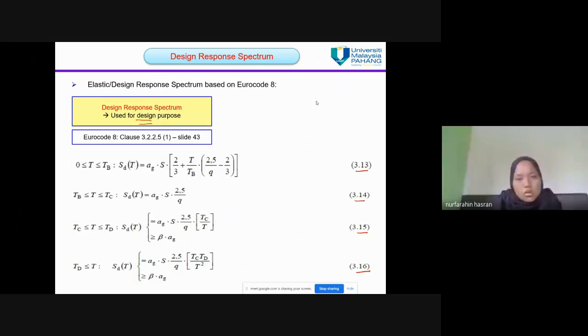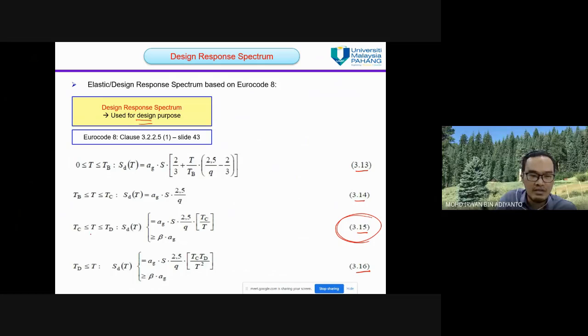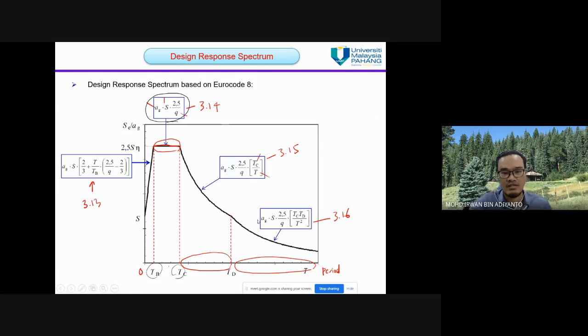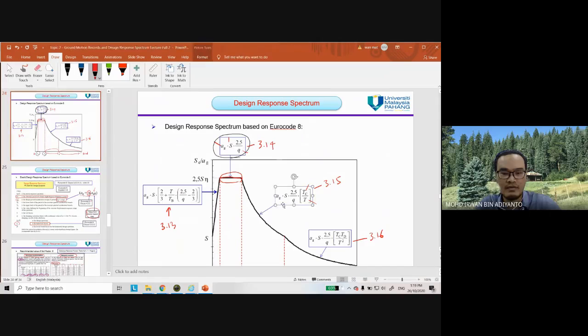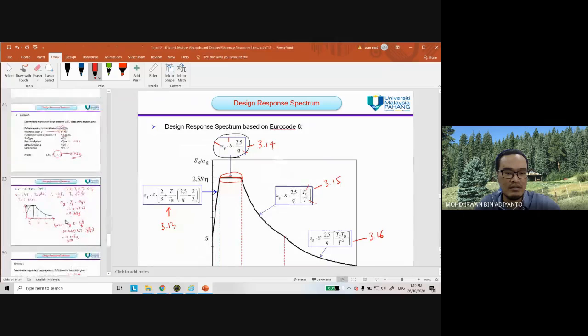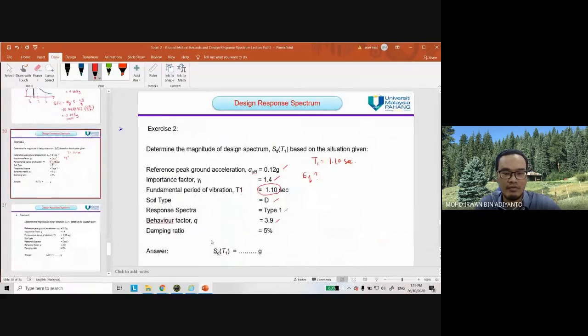Anybody? Three point 15. Okay, so we use equation 3.15 because the T1 is greater than TC but lower than TD. So this is the equation as in this graph. So we can use these equations to solve our problems.